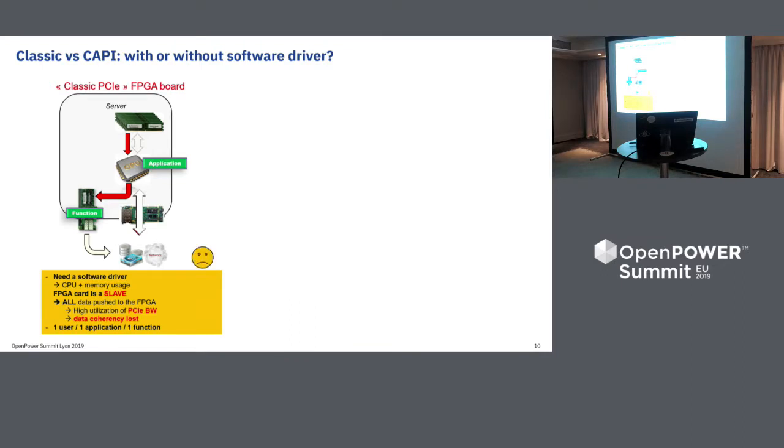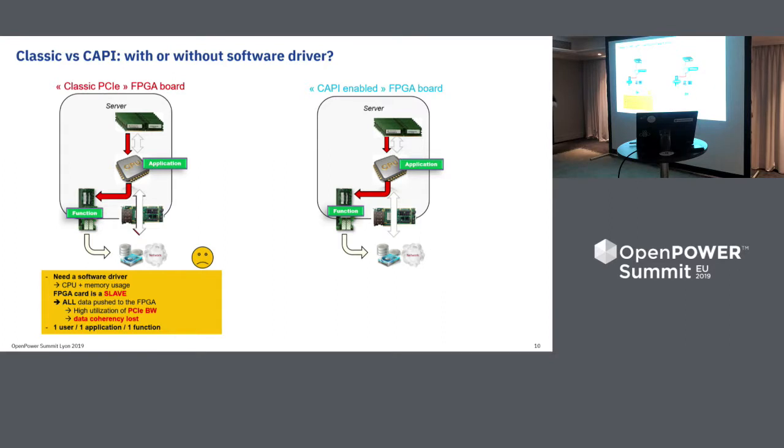What we change with CAPI is we move this link to another link, meaning we are using a proxy, the CAPI proxy, which is the hardware driver. This means that this function is able to access the host memory directly. I'm cheating a little bit because I'm not using this one, but we are using this one. So the function is able to read and write just the data it needs.